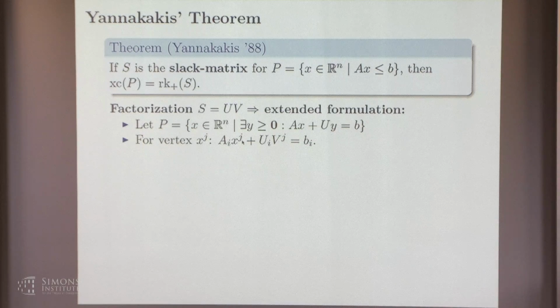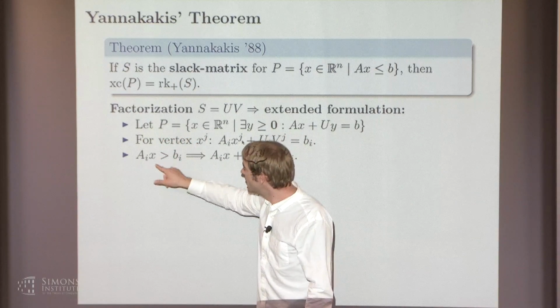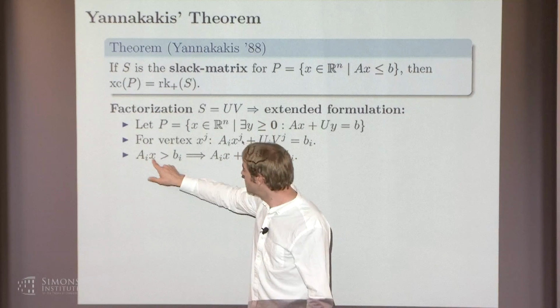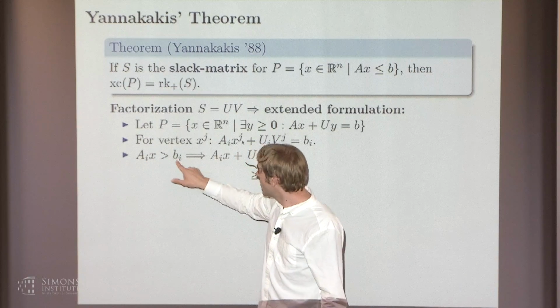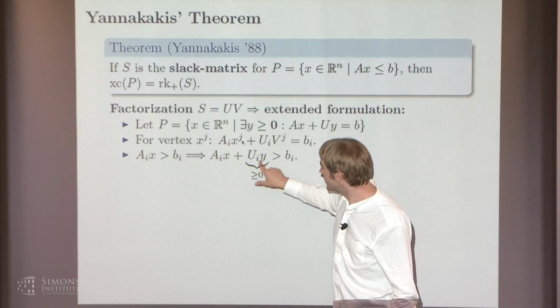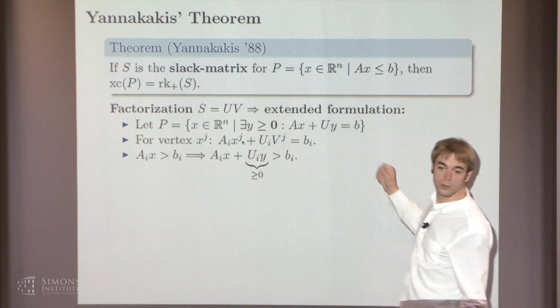On the other hand, if you have a point that's not supposed to be in the polytope, so for some row i, a_i x is bigger than b_i, then whatever non-negative stuff you're adding, this is still bigger than that. So there's no way of getting equality.